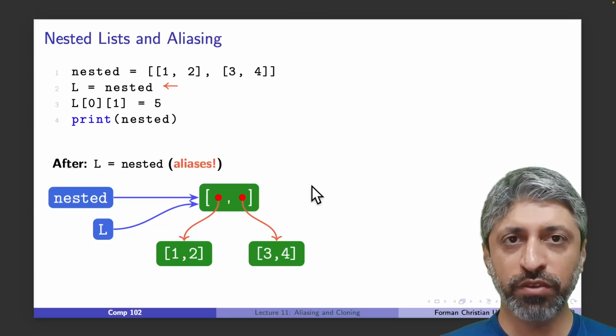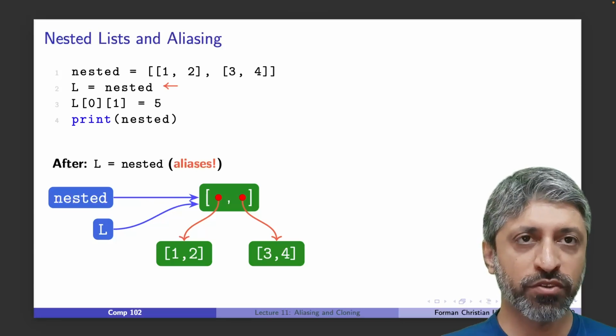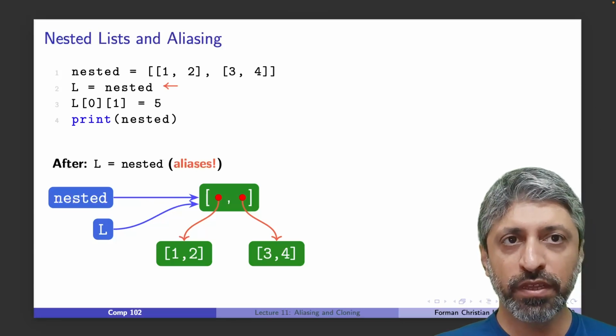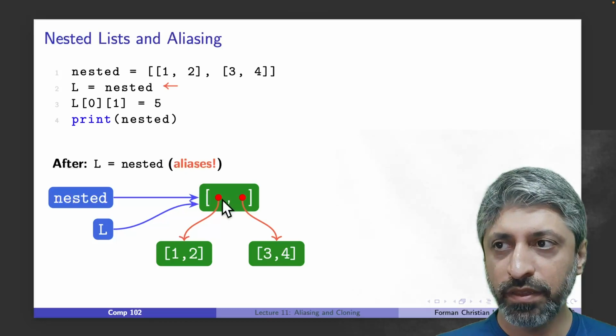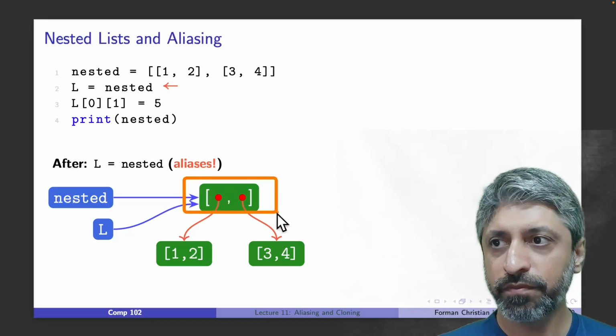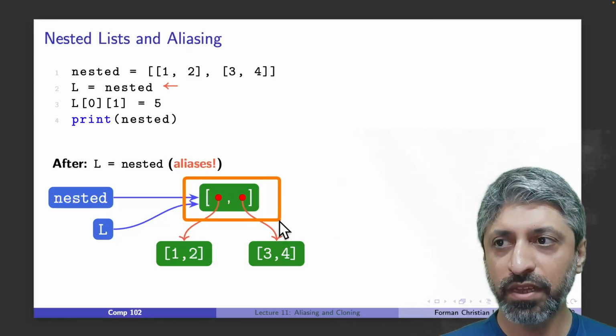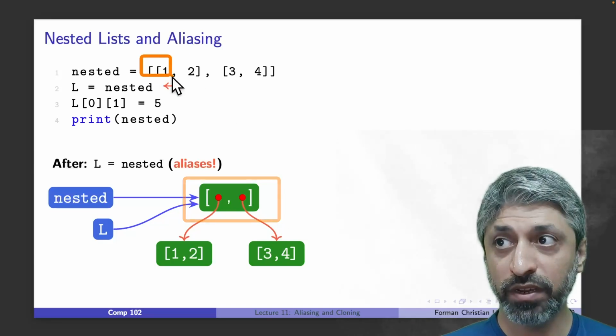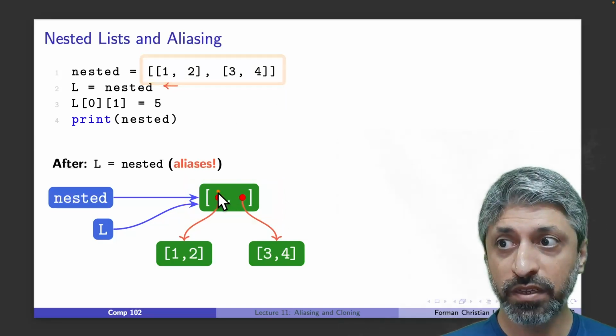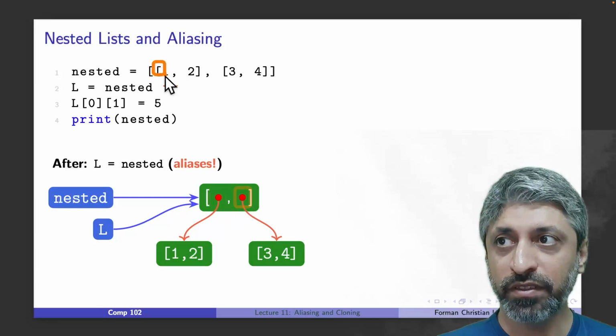So you have to keep in mind that there is exactly one object. Now let me explain the object structure a bit: this is the parent list here. Inside the parent list there are two objects. One is this, the other one is this, right? Which are these two lists.